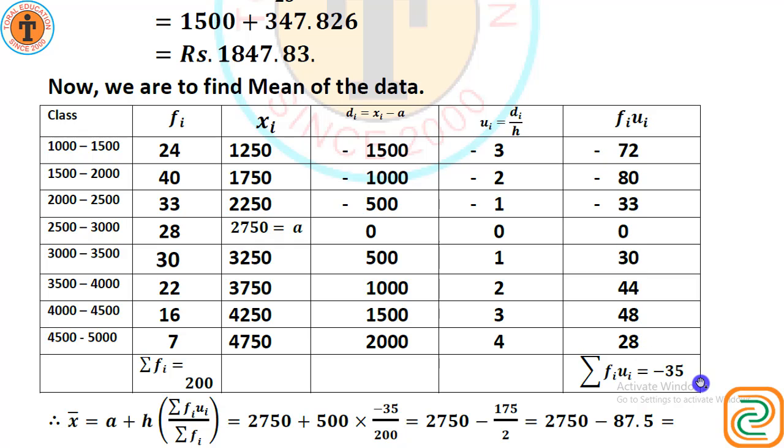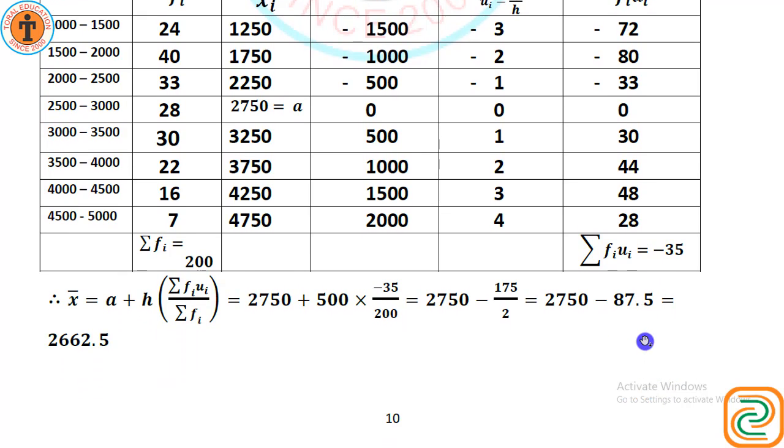Then do the sum, you have got minus 35 as the sum.